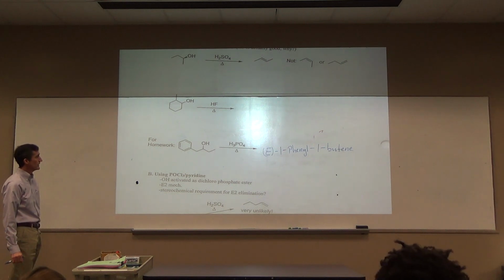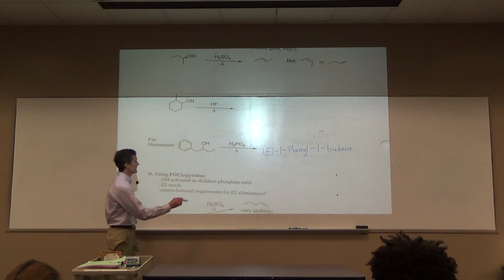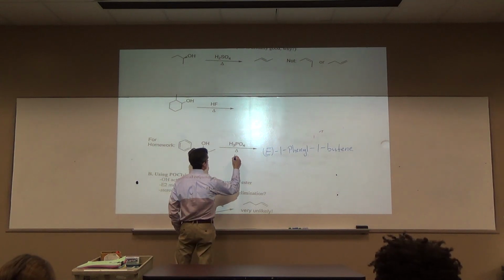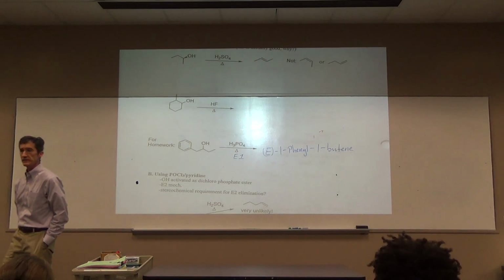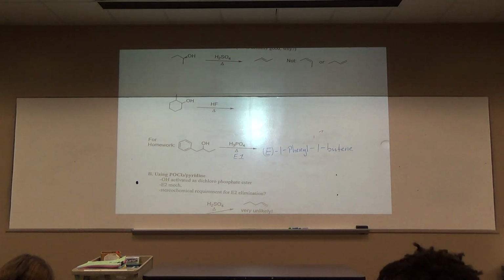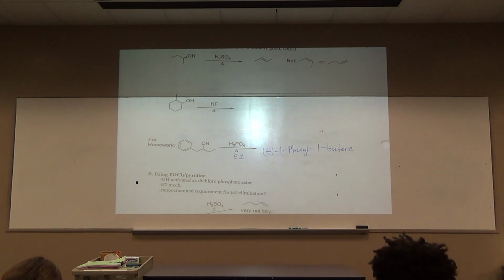POCl3 and pyridine. What type of mechanism did we do up here? E1, right? E1 always gives what type of product? The most stable one. Questions about that one?